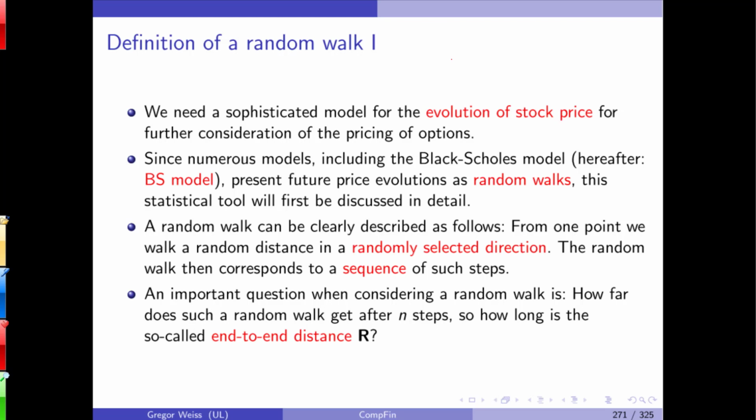You start at this point, you choose a random direction, and then you take a random step into this direction of random length. So I could be walking into your direction and make such a step, and then I randomly choose this direction, I make such a step. Again, random direction, random step length. And if you connect all these steps, that's a random walk.